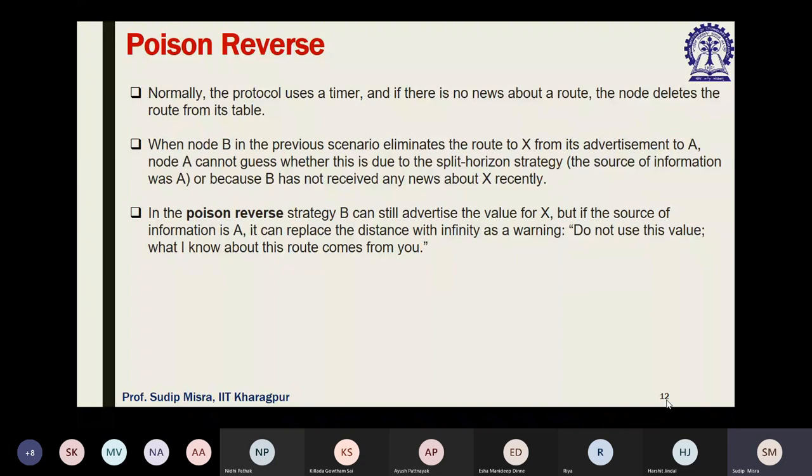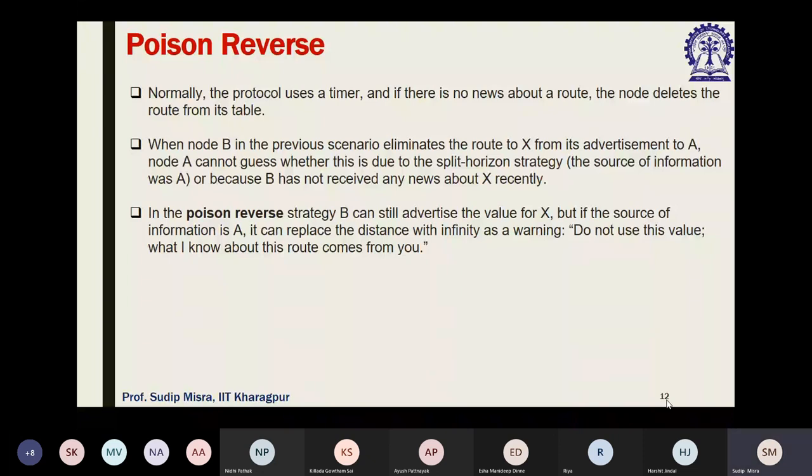Now when node B, in the previous scenario, eliminates the route to X from its advertisement to A, then node A cannot guess whether this is due to the split horizon strategy or because B has not received any news about X recently. In that case, poison reverse says that we can still advertise the value for X, but if the source of information is A, it can replace the distance with infinity as a warning: do not use this value, what I know about this route comes from you.